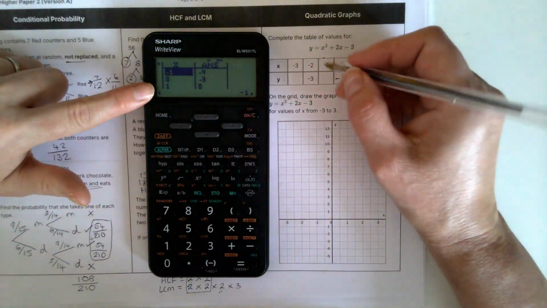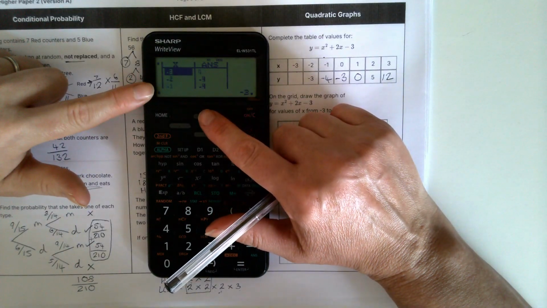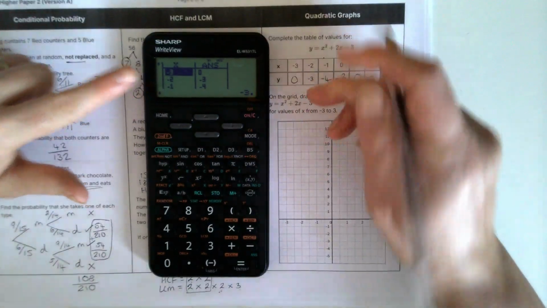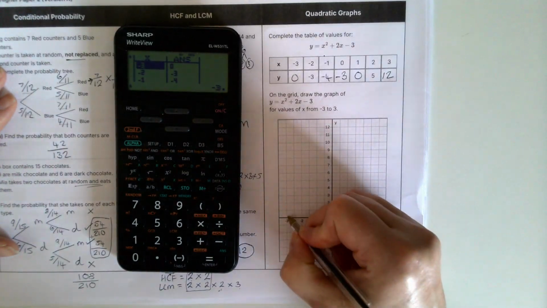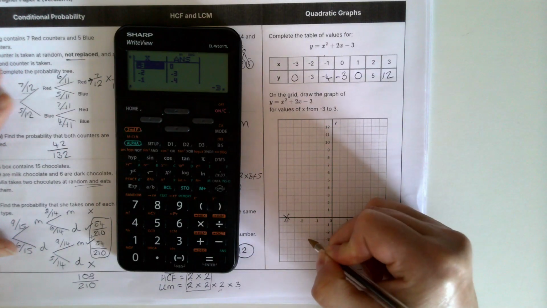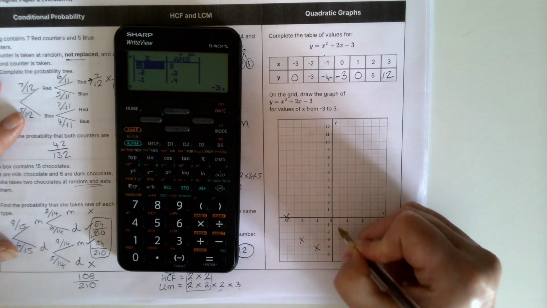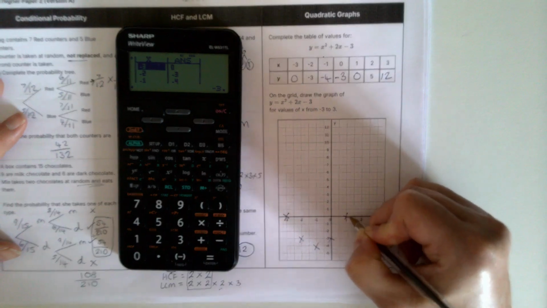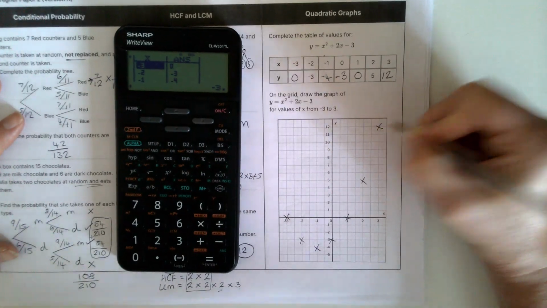So -1 is -4. Scroll up and up. There we go. Okay, so let's get these plotted. So -3, 0, -2, -3, -1, -4, 0, -3, 1, 0, 2, 5, and 3 is 12.